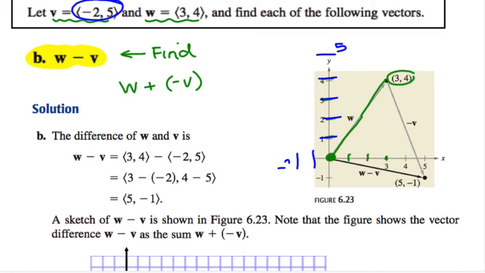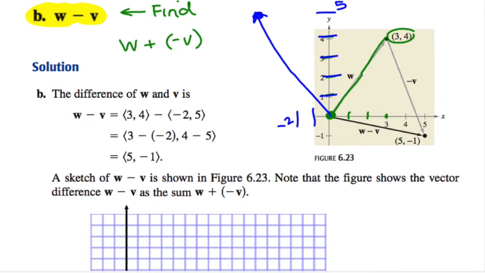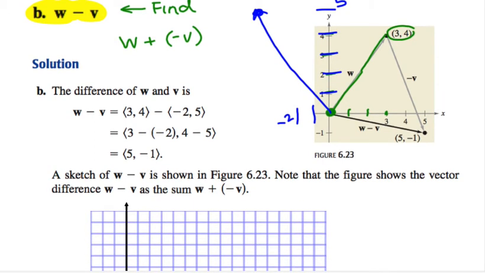Here's 5, here's -2. That's where it was before. Okay, so what we want to do is subtract v from w. So here is w, and we're going to subtract v.